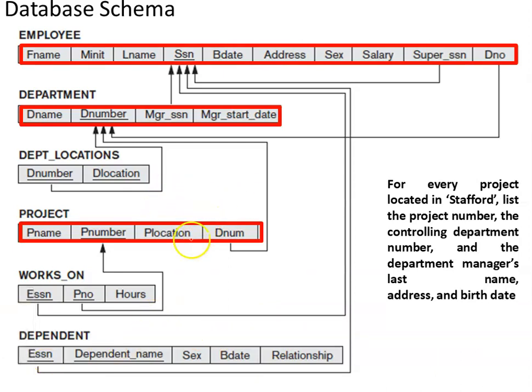Okay. So P location, or the project location, you find in only the project relation. So if I say Stafford, select tuples from project where the P location is Stafford. So when I do this, I'll get the project numbers and the department that controls this project.